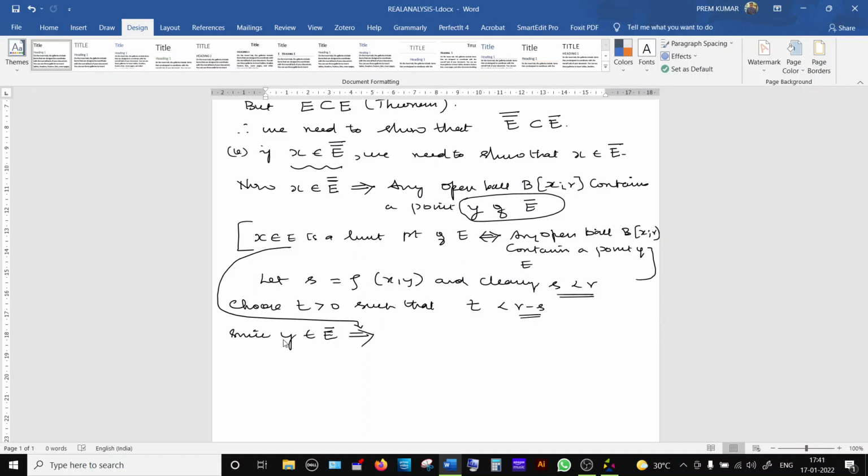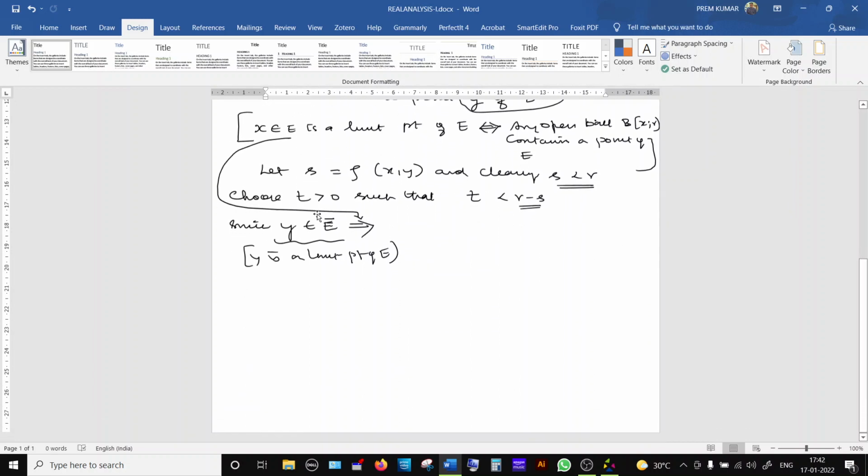Now y is an element of the closure of E, that is, y is a limit point of E. Here x is an element of the E double closure, which means x is a limit point of E bar. That's all. So to avoid confusion you can understand it like this also.